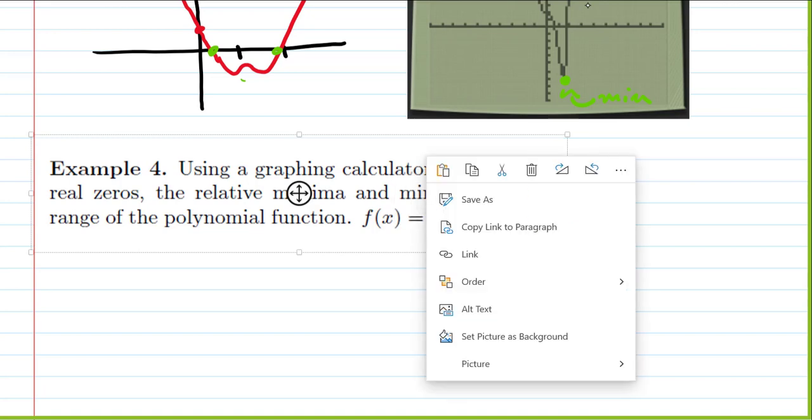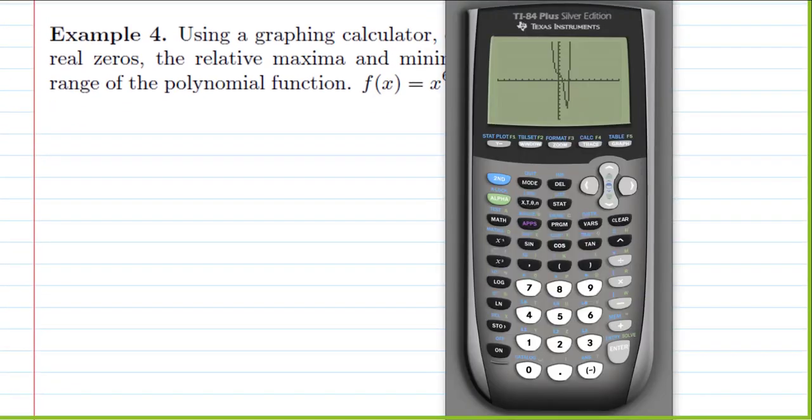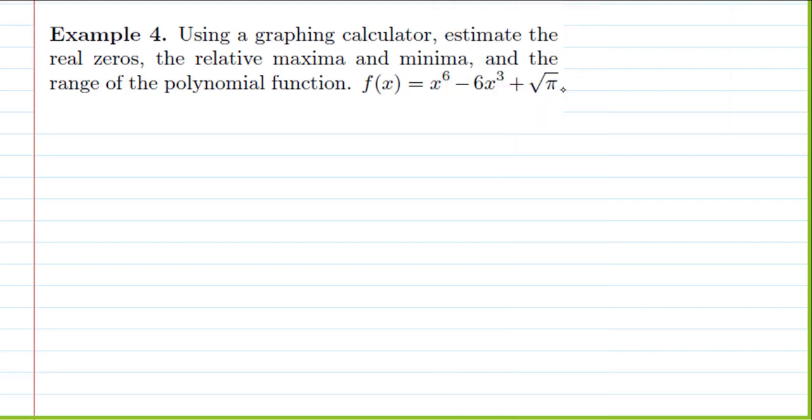Okay. So we've already got it in our calculator. So we want to use our calculator to actually find the zeros. So we know that there are 2 zeros. We know our first 0 is in between 0 and 1, and we know our second 0 is between 0 and 2.